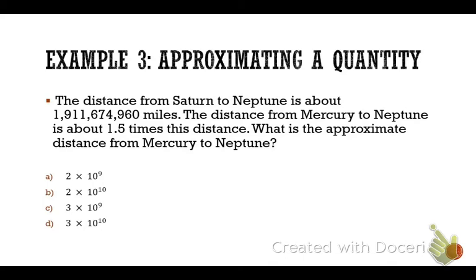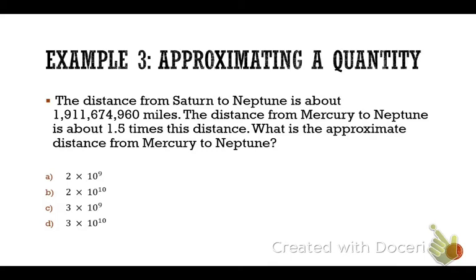The distance from Saturn to Neptune is about 1 trillion. Can y'all read place value? 911 billion 674. No, wait, it's 1 billion. Billion, million, thousand, and then hundred. You know what I meant.